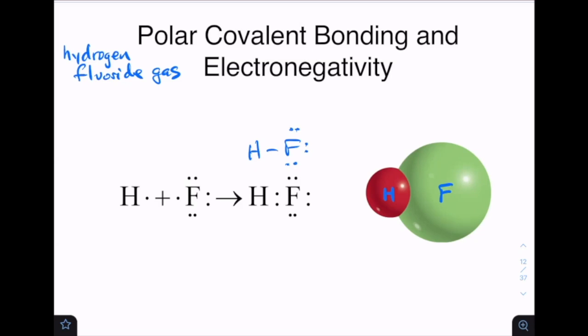This line implies that it's equal sharing, like I showed you before. All that bar really represents is that they're shared, okay? And with the exception of those 7 diatomic molecules, those are equally shared, as you're about to see. Everything else is going to not be shared equally. It's shared, but not equally.